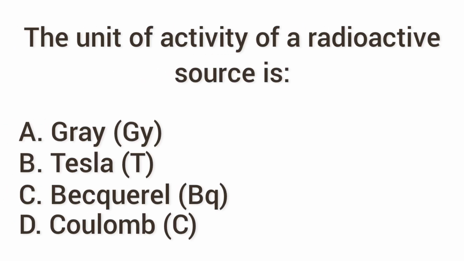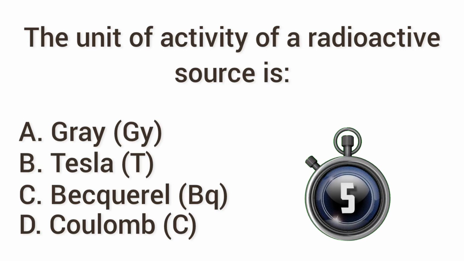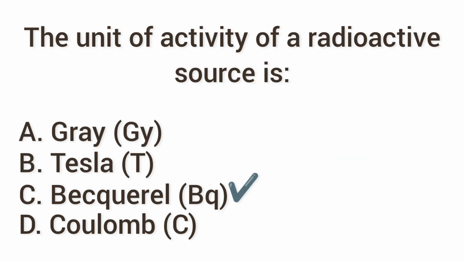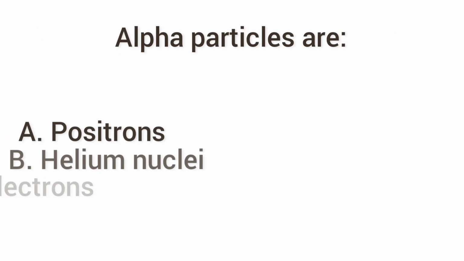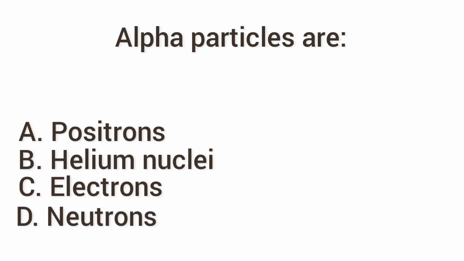The unit of activity of a radioactive source is. Right option is C, becquerel. Alpha particles are.